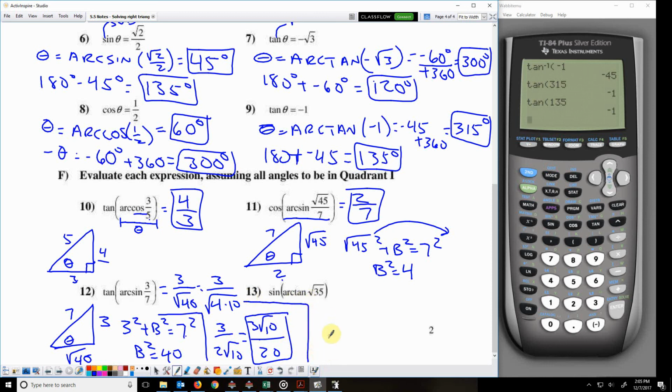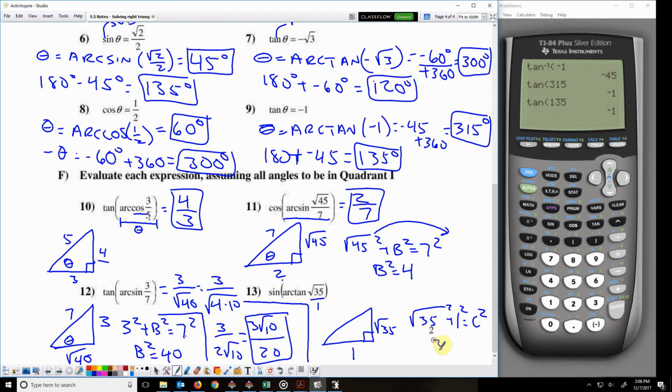And then theta here is represented by arctangent, root 35 over 1. I need sine, so there's my opposite over adjacent. I need sine, which is opposite over hypotenuse. Square root of 35 squared plus 1 squared equals c squared.